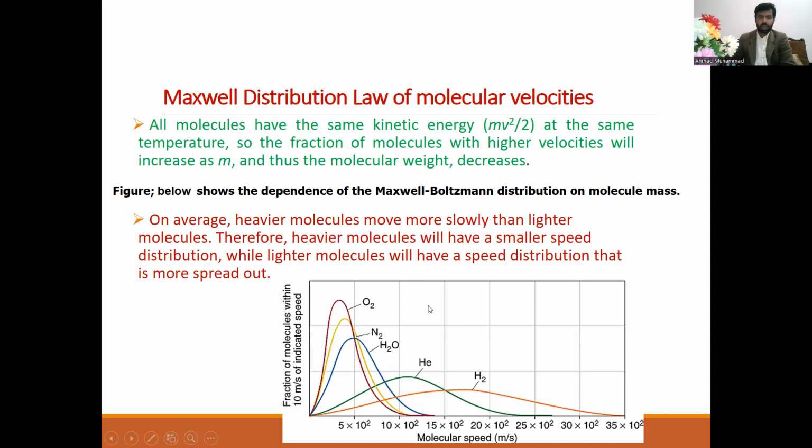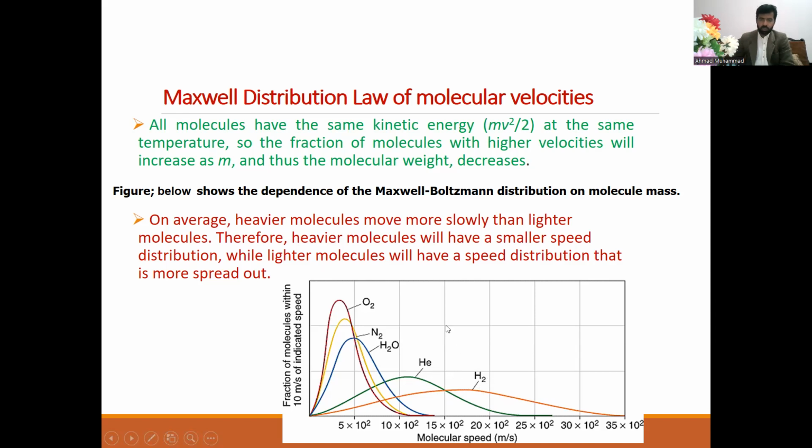You can see in the graph heavier molecules, like the oxygen molecule, have a lower distribution, and similarly nitrogen is also lower, and hydrogen and helium are more flattened in the graph.